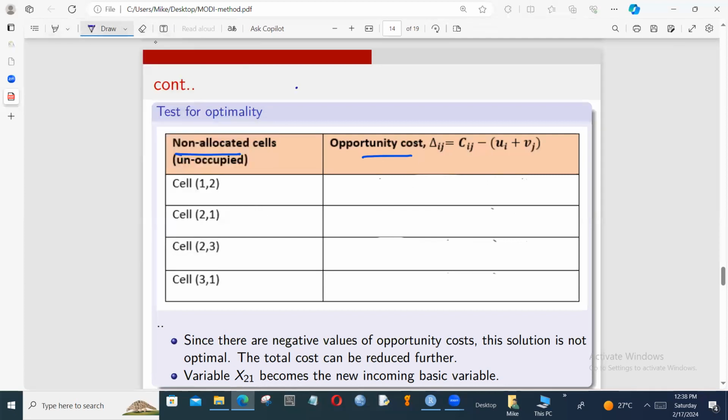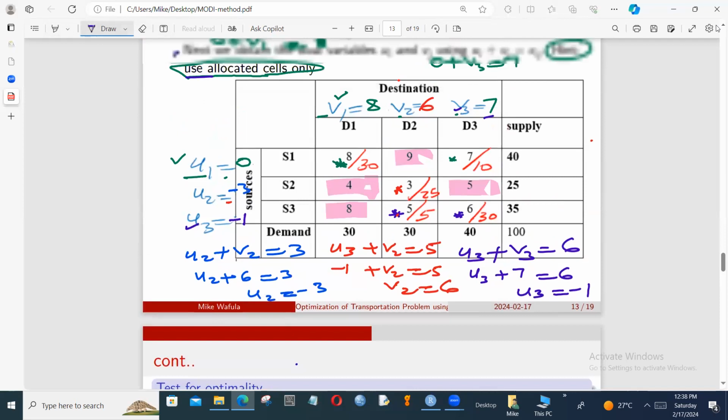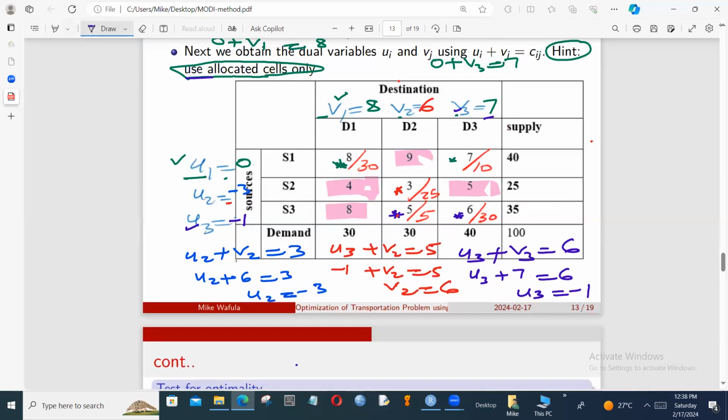So let's begin with the first cell, cell 1,2, the first cell on the first row. We are looking at this cell with this particular cost 9. To find the opportunity cost, we are talking of 9 minus the sum of 0 plus 6, because U1 is 0, V2 is 6. So 0 plus 6 is 6. 6 subtracted from 9 gives us 3.